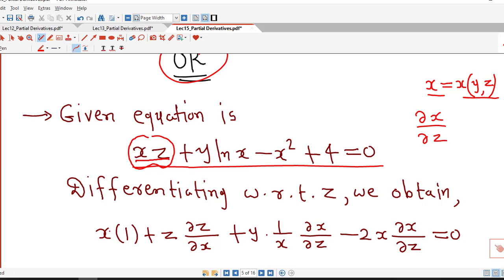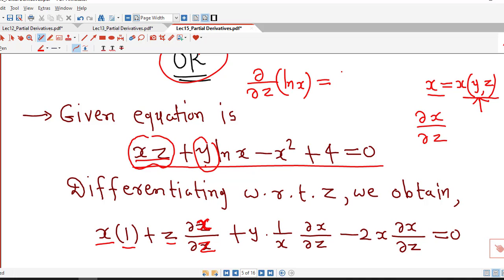So we have written here x as it is, derivative of z is 1, plus z as it is, here we write del x by del z, plus y as it is, because the derivative is with respect to z, so we consider y as constant, times the derivative of log x with respect to z, and x is a function of y and z.